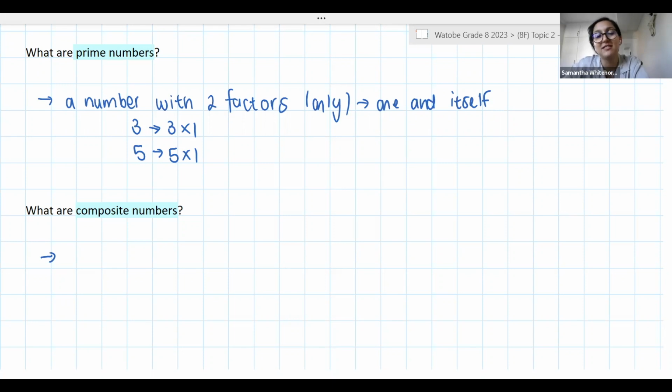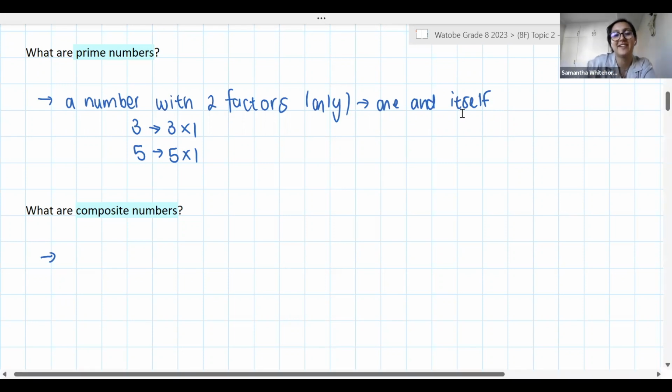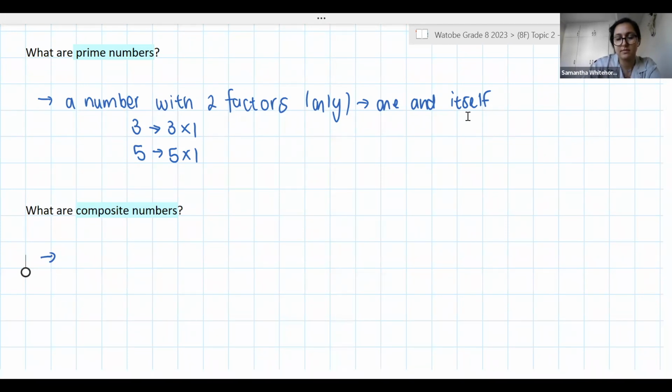Dial. Yes, ma'am. Okay. So a composite number is a positive integer that can be formed by multiplying two smaller positive integers. Equivalently, it is a positive integer that has at least one divisor other than 1 and itself.